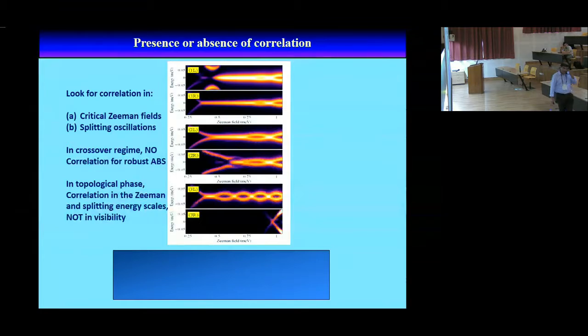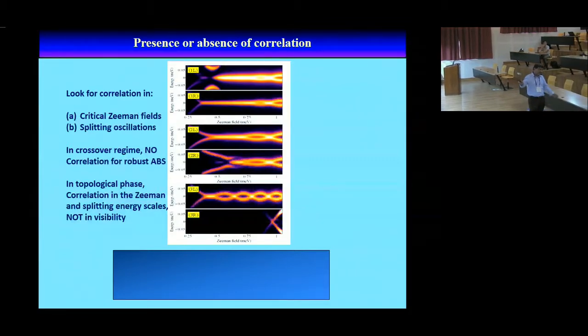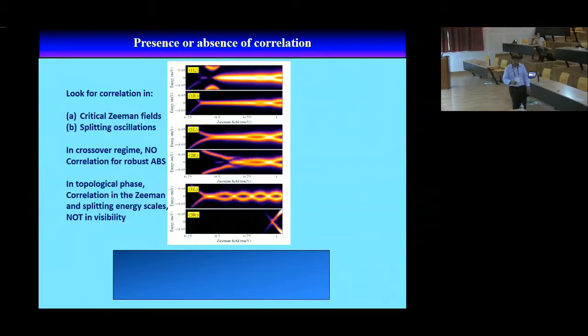If the data is uncorrelated, you know that it must be because of low energy robust unreal states. And the reason is obvious: if you have Majorana zero modes, it's only the two Majorana zero modes which perturb each other by overlap. Therefore, if you have a splitting oscillation on one side, you have the same splitting oscillation on the other side, in terms of the energy scale of the splitting oscillation, not the visibility. The visibility will be determined by what barrier potential you are applying at the two sides.